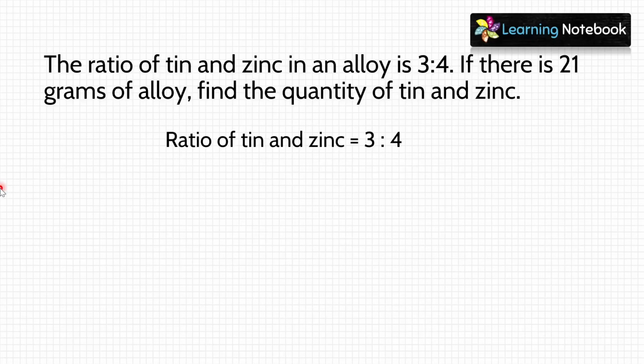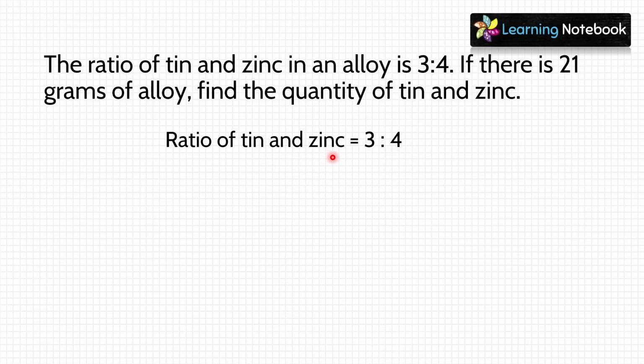The ratio of tin and zinc is given as 3:4. So what is the meaning of this ratio? It means if a total of 7 grams of alloy is there, in that alloy 3 grams of tin is present and 4 grams of zinc is present.